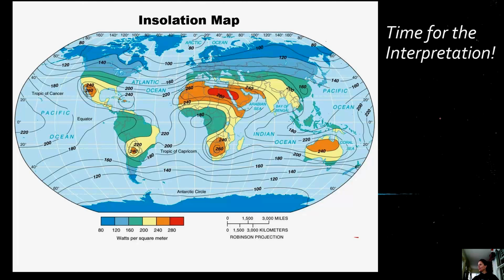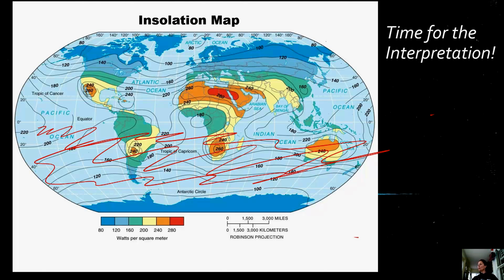In addition, one of the really fun things to notice is if we were to shut off the southern hemisphere, not look at it for a minute, wow, we would see that the northern hemisphere is dominated by land. Land has a low specific heat capacity, as you know from what we've been studying.